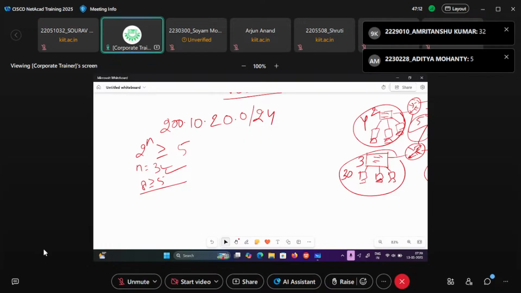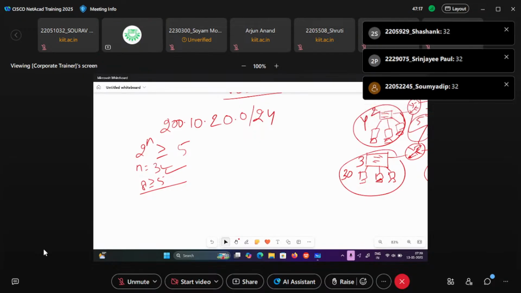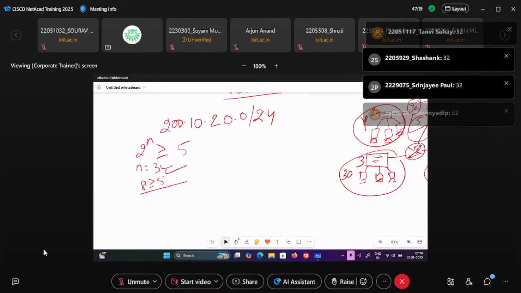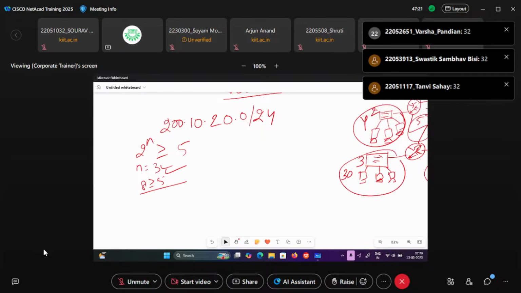What is the block size? Don't sit idle here. Okay, so 32 is the right answer.